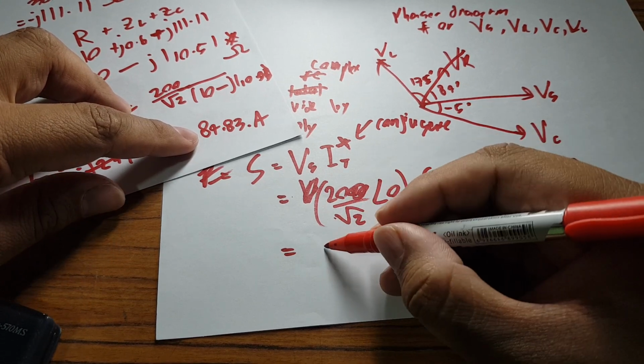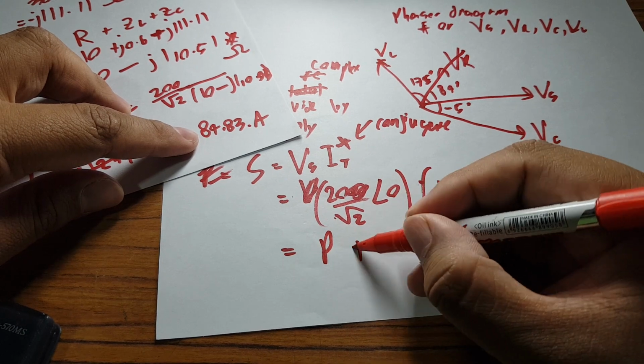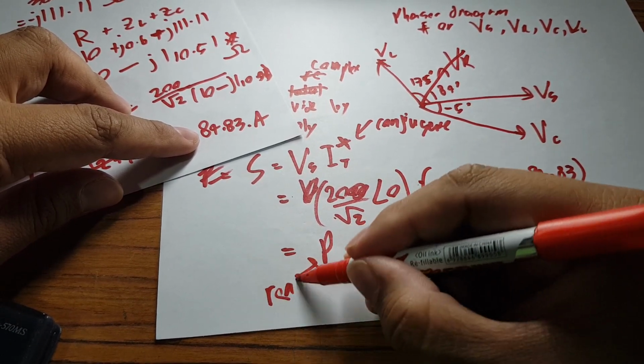So for the apparent power you use the rectangular form, so the answer will be P plus jQ. So this is the real power.